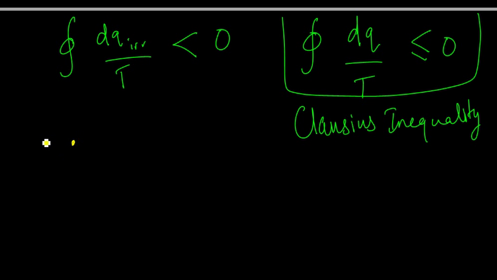Let's say we start with point 1 and we go to a point 2. Okay. And if you remember that Clausius statement that all spontaneous processes are irreversible, right? So I do it spontaneously. So this is irreversible.